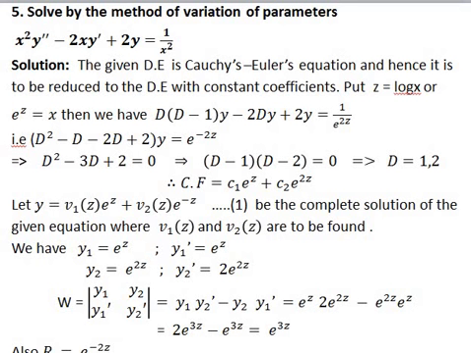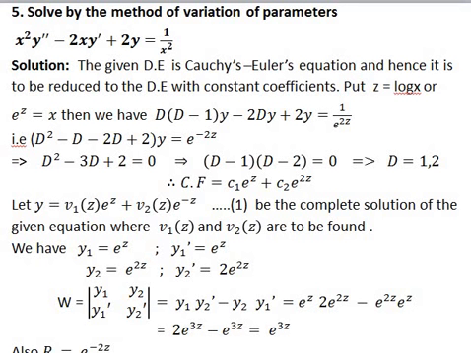Their derivatives are y1 dash equal to e to the power of z and y2 dash equal to 2 e to the power of 2z. Wronskian W is equal to the determinant of y1, y2 in the first row, y1 dash, y2 dash in the second row.